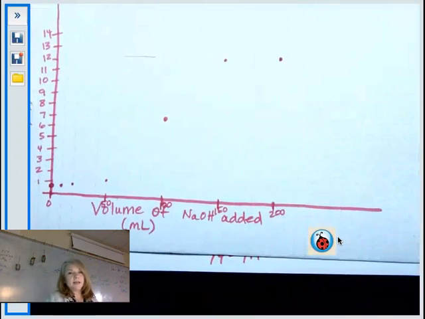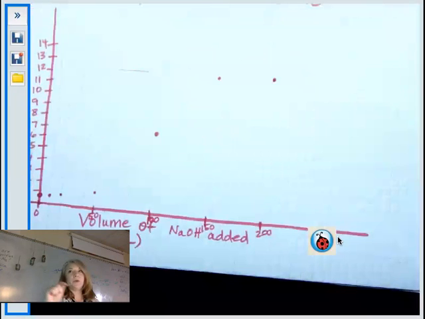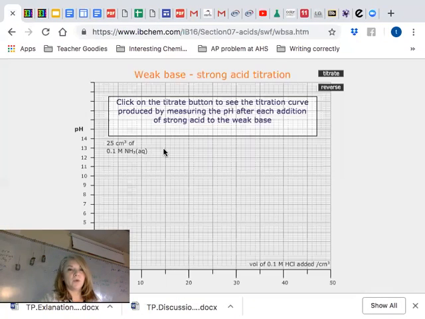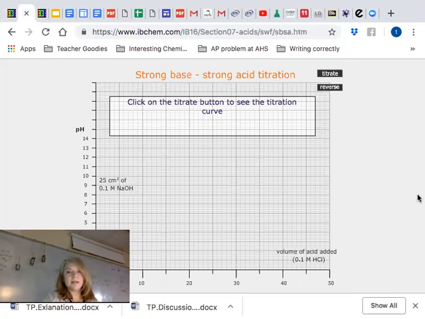Okay, so it looks like it might be an S, but I want you to see all those missing points that we didn't put a point for. Let me show you what you would have gotten for a strong acid, strong base. Okay, y'all ready to see what it's going to look like so you can connect the dots?